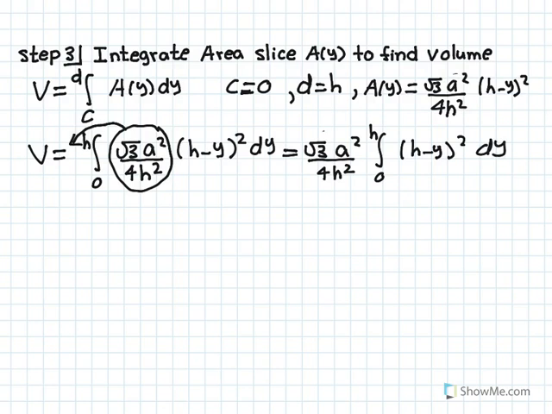Now we can certainly open up this integrand and integrate term by term and reverse the power rule, but let's do something different. Let's apply the u substitution so we get some practice with the u substitution technique. We're going to let u be equal to h minus y, du, the derivative of both sides, is minus dy.